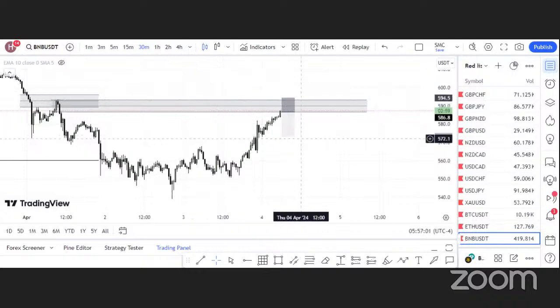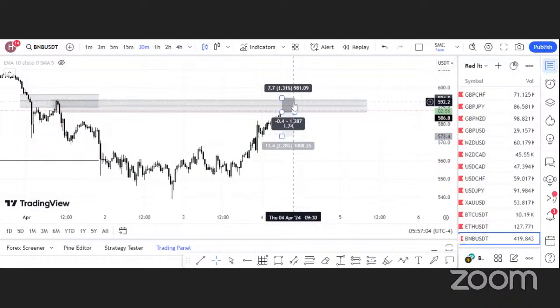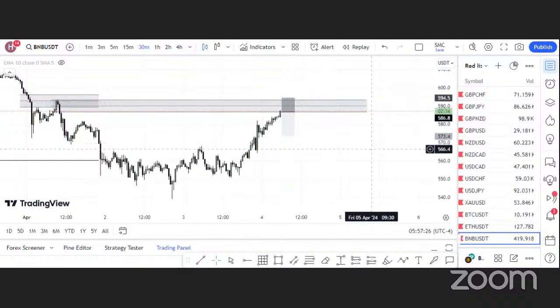Okay, and we're going to be using the take profit and the stop loss. Right, 2 minutes and a few more seconds to the end of this current candle.